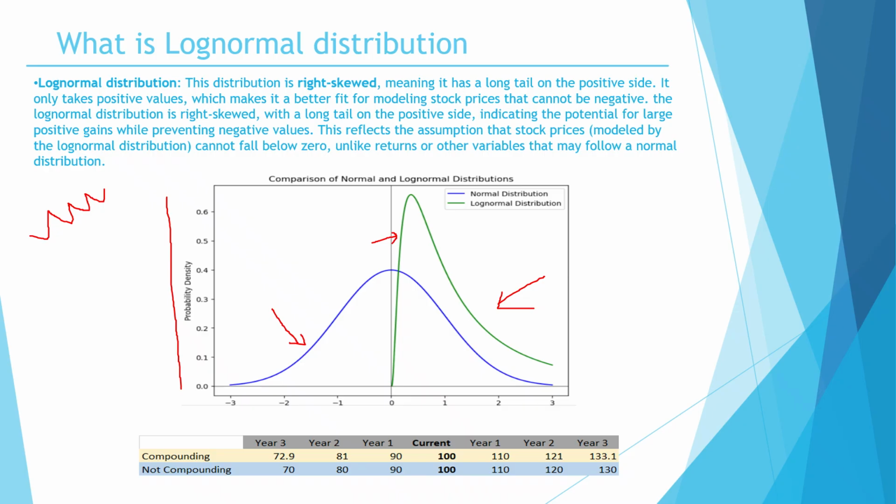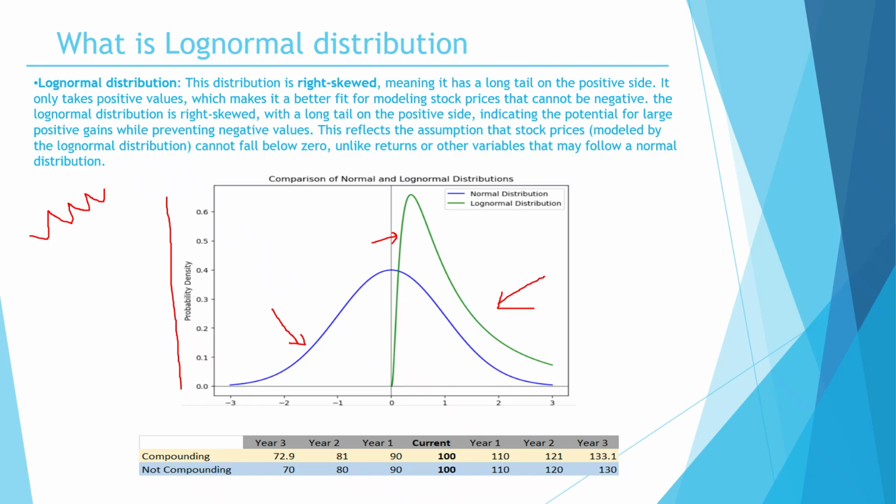Now, when you transform this movement of stock prices into a probability distribution, it behaves as a log normal distribution. So when we analyze the stock prices using the model, we use the log normal distribution.